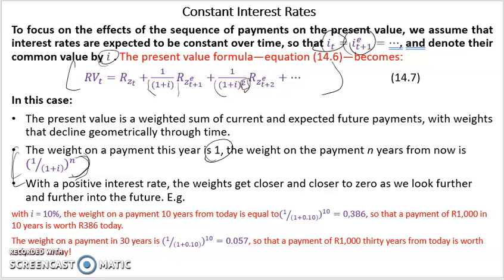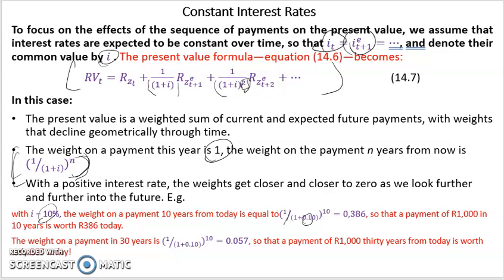An example is given here: with an interest rate equal to 10%, the weight on a payment 10 years from today is equal to 1 divided by 1 plus the interest rate of 10% to the power 10, which is 0.386.